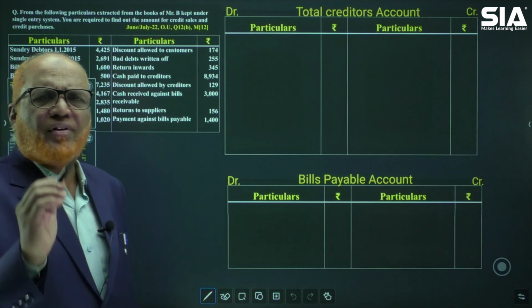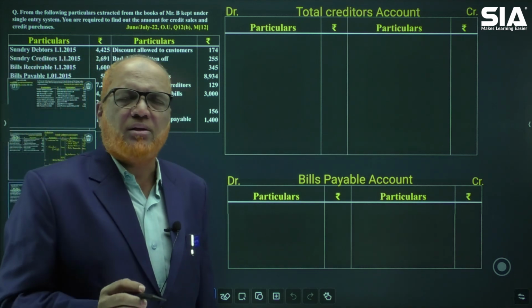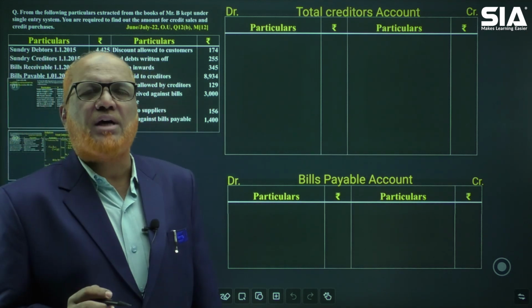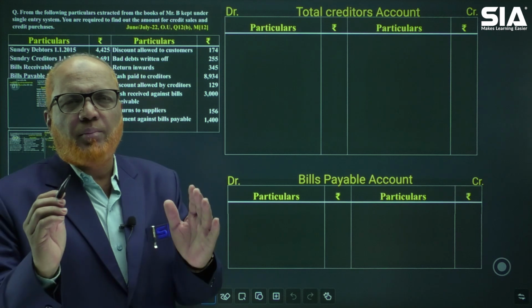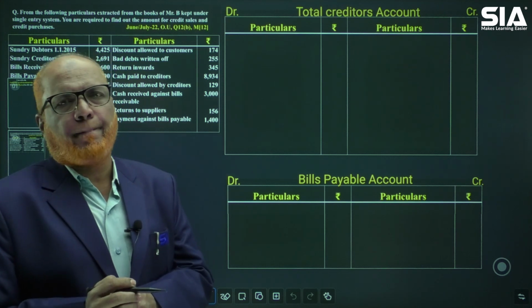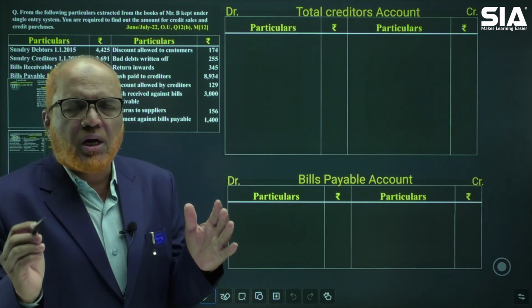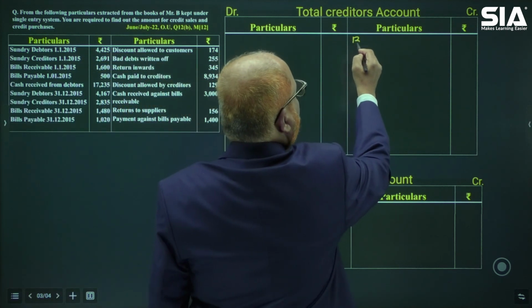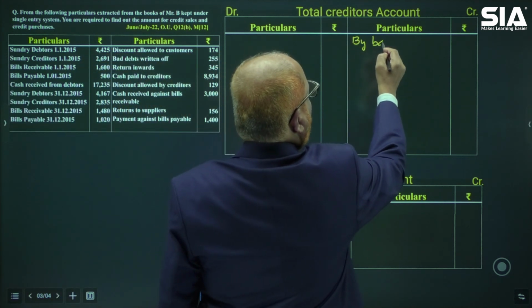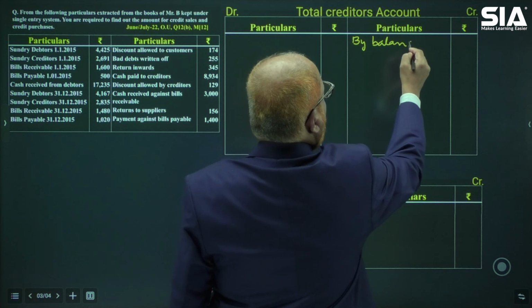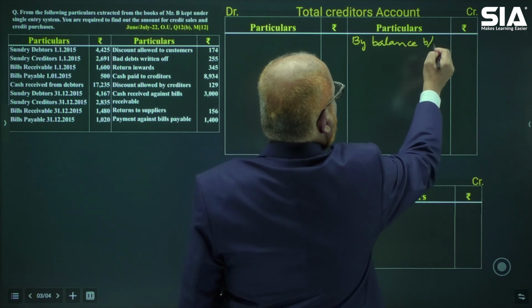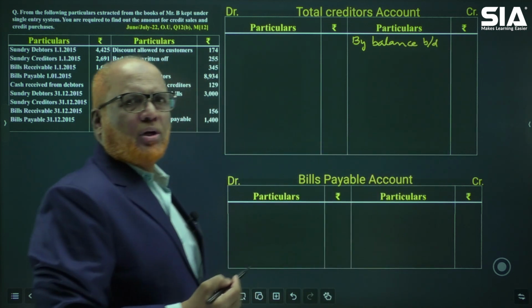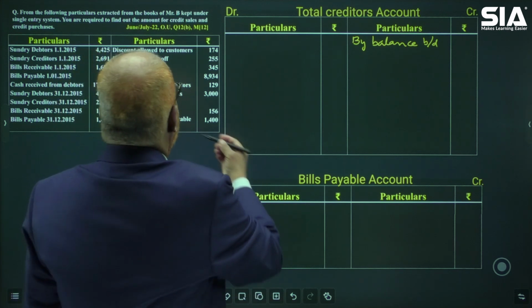Exactly the same. First, we take the opening and closing balance of the creditors account and bills payable account. Remember, creditor is a liability and all liabilities will show a credit balance. So here I am taking by balance brought down. How much is the opening balance of creditors?